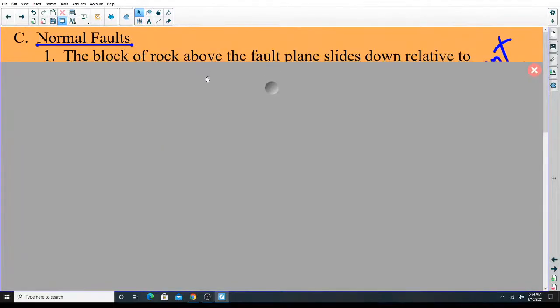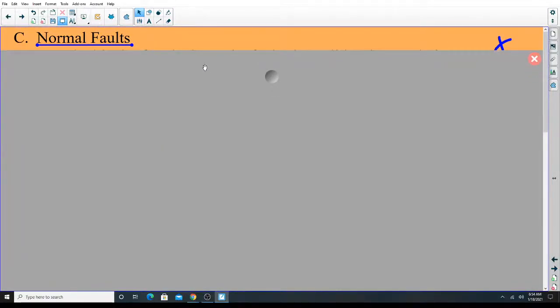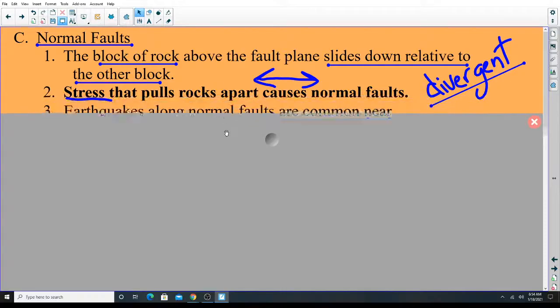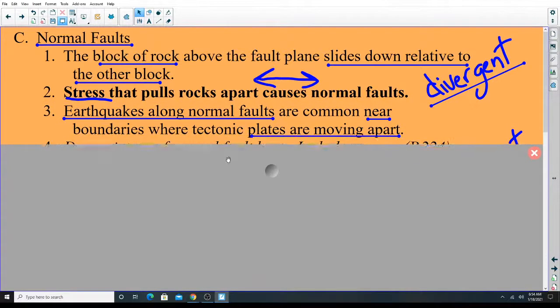Now, the first one is a normal fault. With a normal fault, here are the three main things that you have to pull from the normal fault.